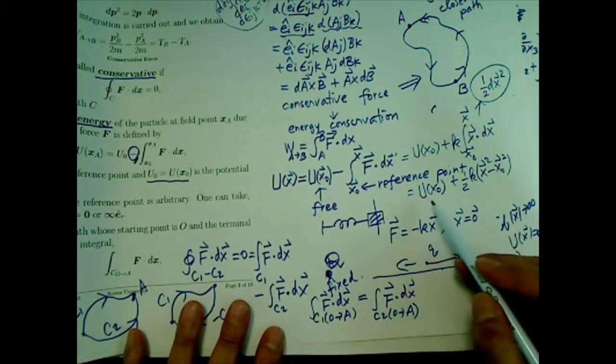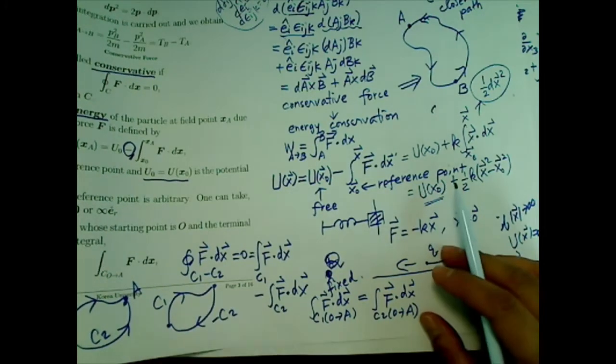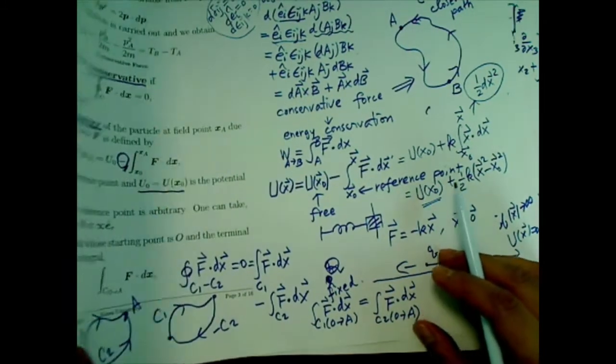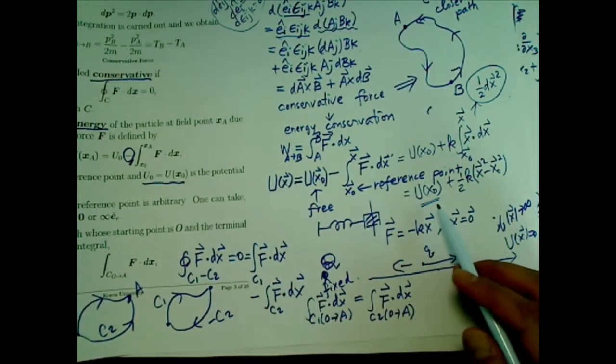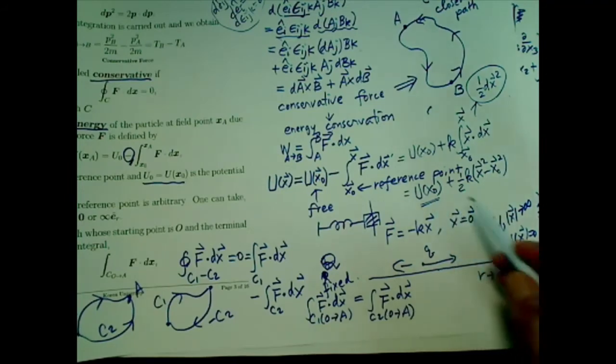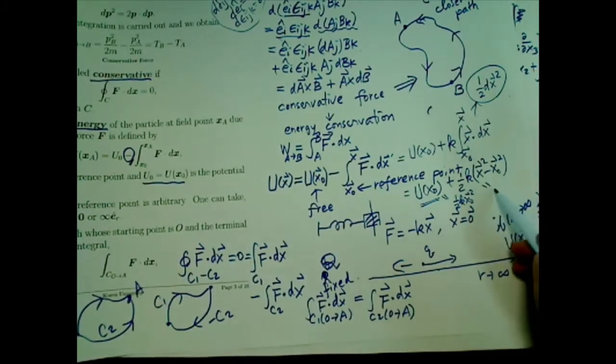Sure, we can always choose this reference value for free. So it's better to define U0 as 1/2 k x0 squared. Then this result becomes simple.